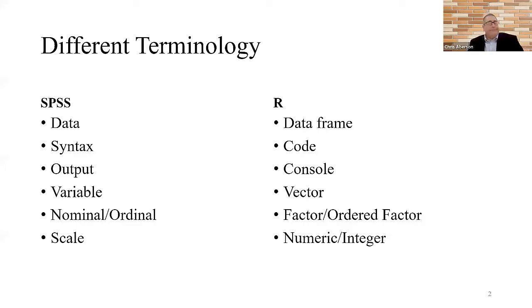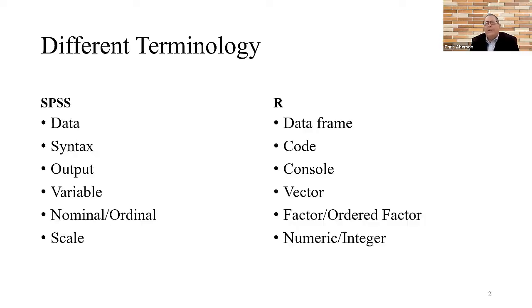Okay. So different terminology. SPSS uses terms like data, syntax, output, variable, nominal, ordinal, scale in various places. R has the same definitions, but uses a little different terminology. In SPSS, we just call our data data.